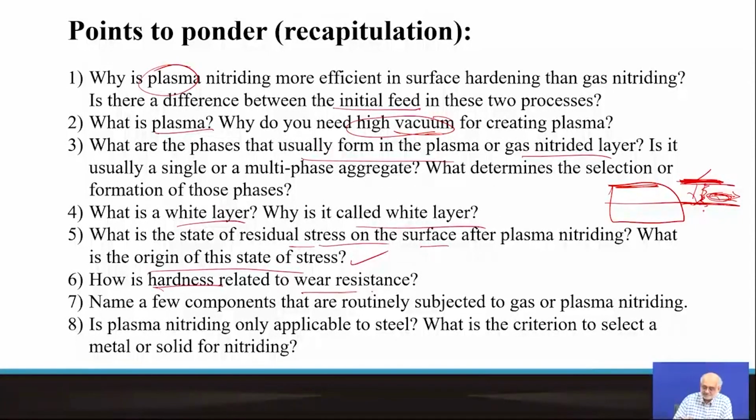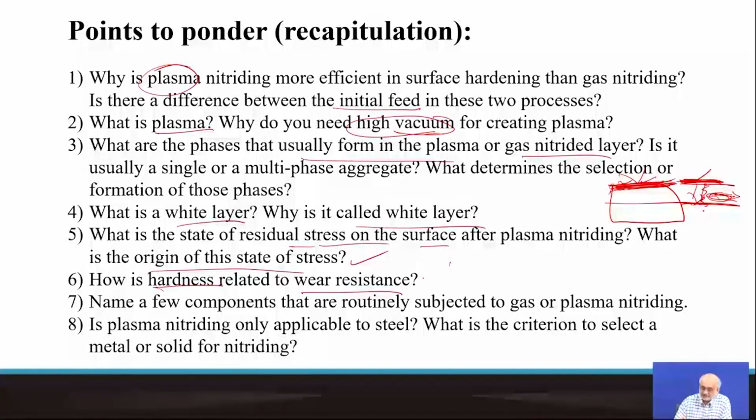High hardness not necessarily means high wear resistance. This is something we have to understand. The layer that we form, the so-called white layer, is also very high hardness but also fairly brittle. So if the load application is very fast and intermittent, or if the load is of impact type, then there could be certain chipping off of the hard nitride phases from the surface.